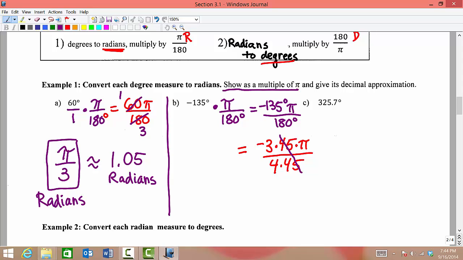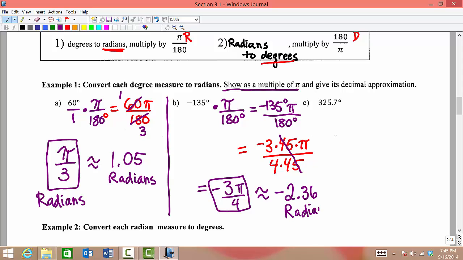So when I reduce this, I get negative 3 pi divided by 4. So this is our answer written as a multiple of pi. And if I would like to approximate that, I could put that into my calculator, and I would get negative 2.36 radians. So here we have the exact value, and then here we have the approximation.